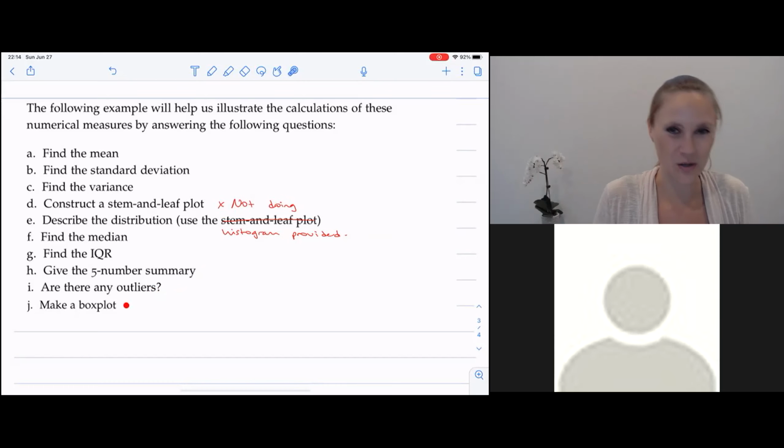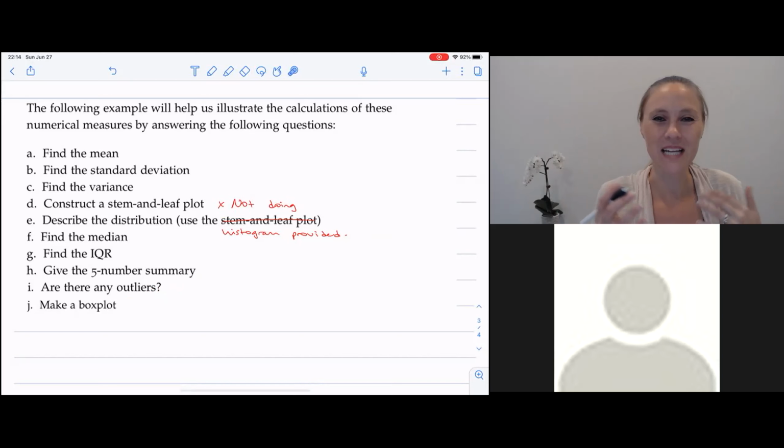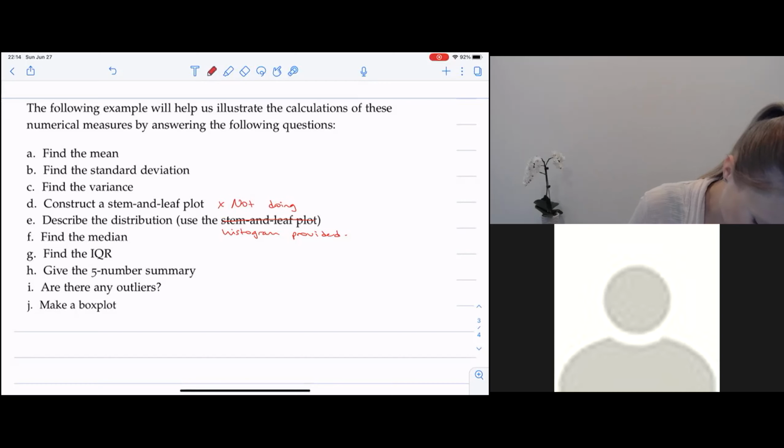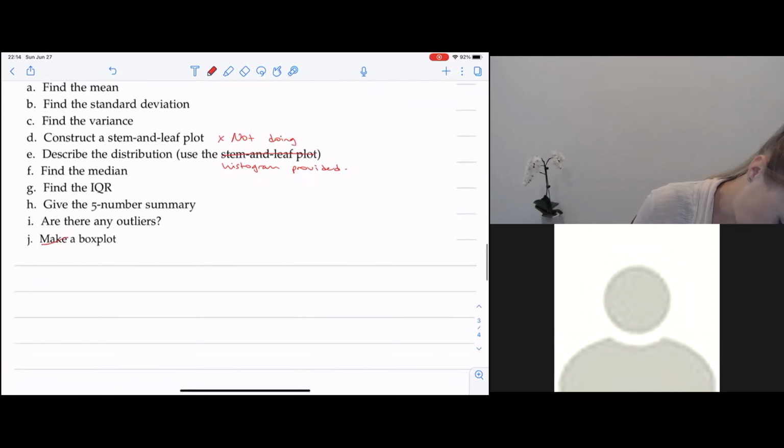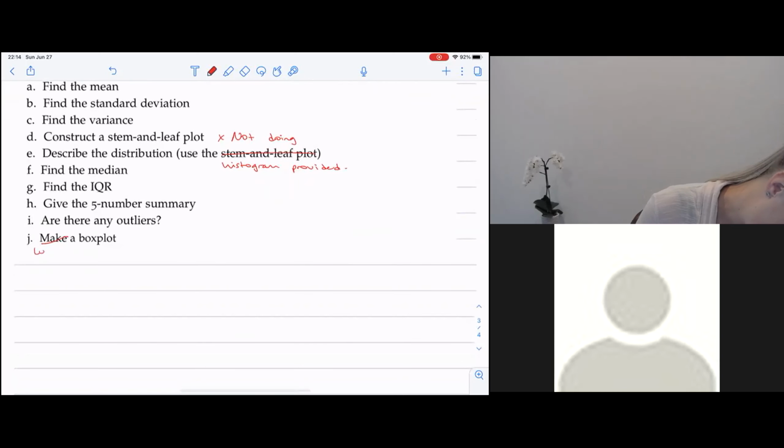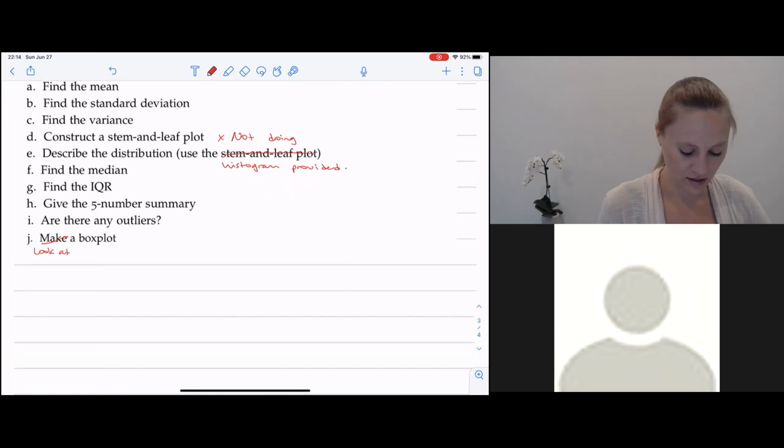Then we're going to look at a box plot and talk about the anatomy of a box plot, which is another way that we can visualize numerical data.